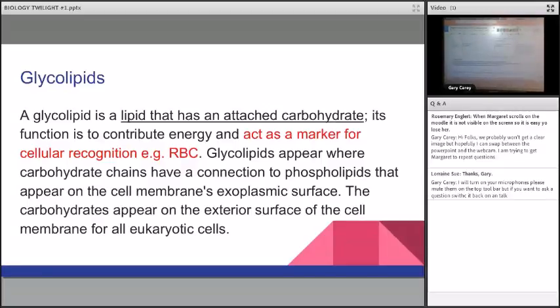What I would like you to be aware of is to compare cell organelles and arrangements. So have a quick look at that and see if there's anything in there that you found interesting.